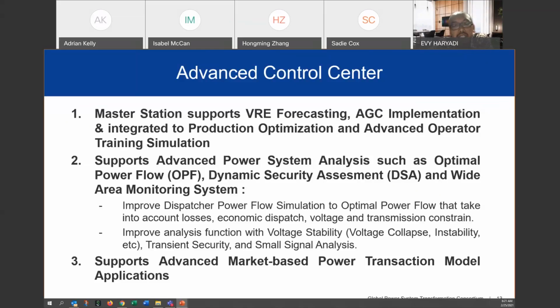There is some possibility, because from now there may be an oversupply condition in the next 5 or 10 years. Maybe the market structure will also change because of the penetration of renewable energy. We also want this kind of advanced market-based power transaction model in our new control center system. Next.